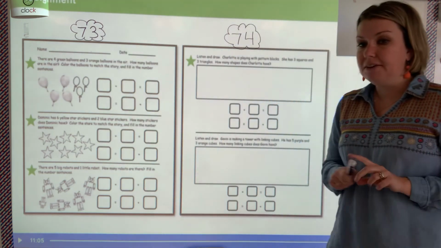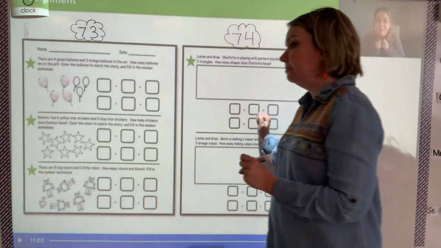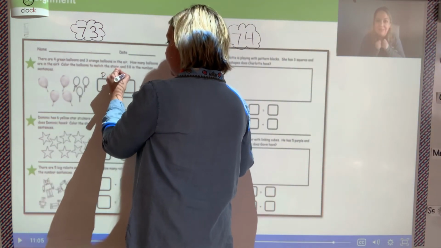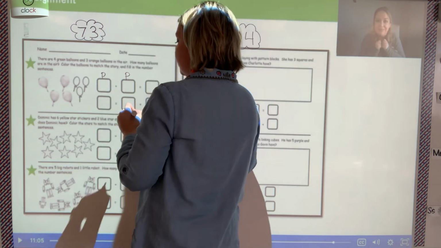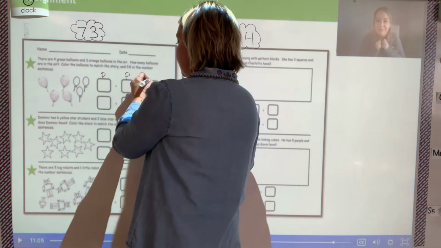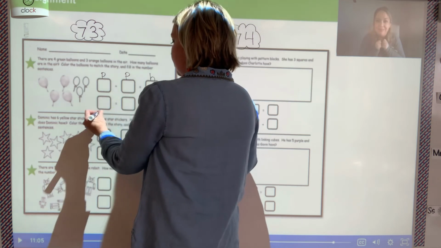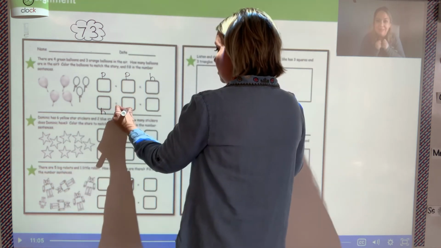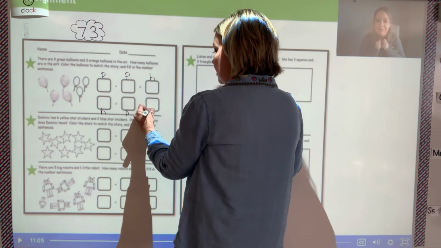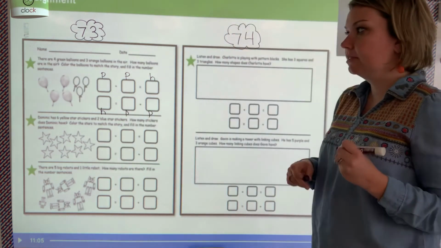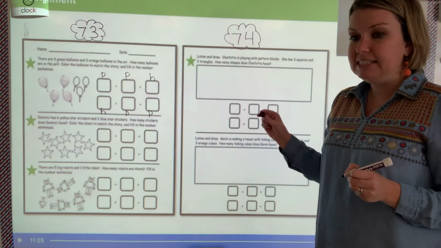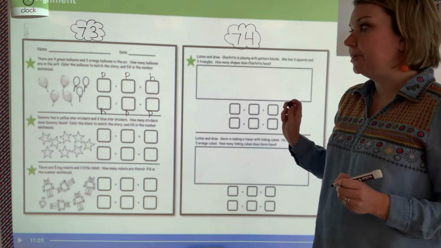Sometimes it helps me if I go ahead and label my number sentence. Remember, the parts go on each side of the plus sign, and the whole goes near the equal. That's going to help me remember when I'm filling this out. Now, in a story problem, I need to take it one sentence at a time and circle the number.